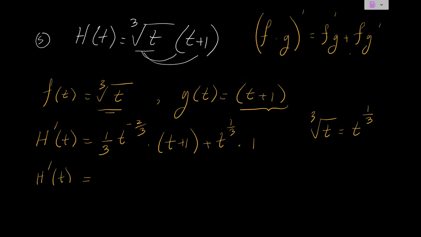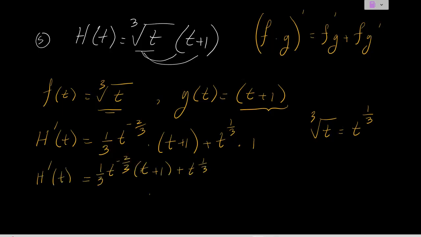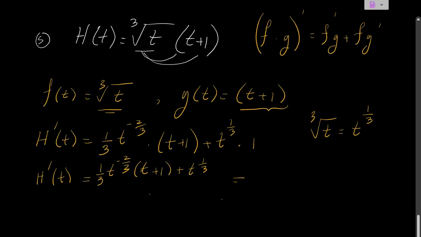h prime of t equals, when you simplify, 1/3 t to the negative 2/3 times t plus 1 plus t to the 1/3. And if you really want to change everything to positive exponents or move it back to the radical, there's no need. But if you do want to, you can.